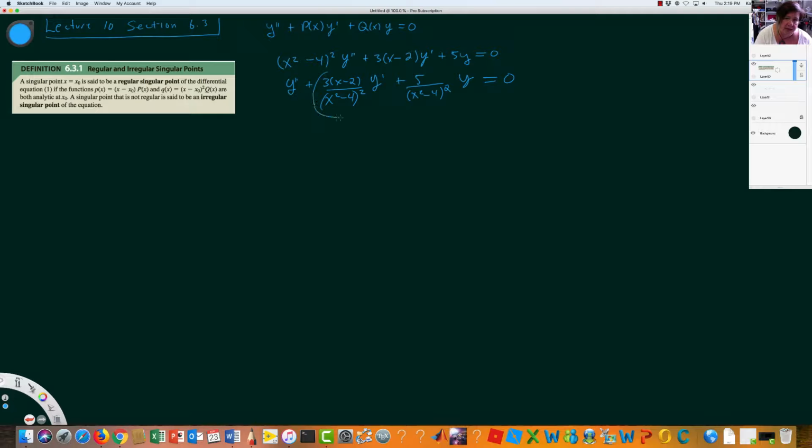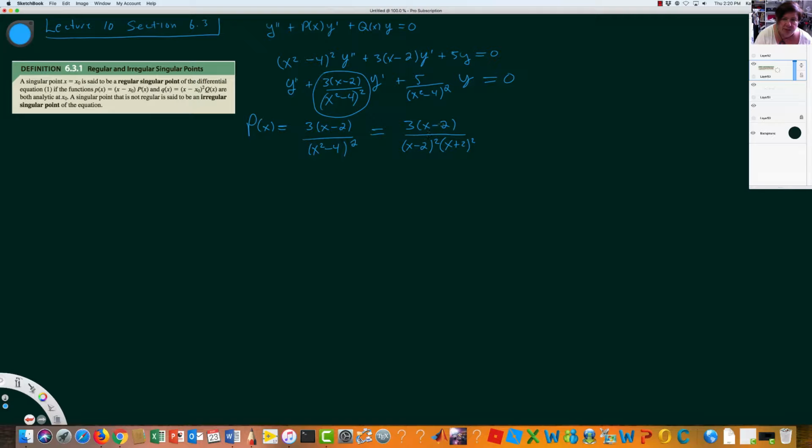So that's in our standard form, and this is our p of x. Let's write that down. We have 3x minus 2 over x squared minus 4 squared. Now, x squared minus 4 can be written as x plus 2 times x minus 2, so we'll write that out. We have 3x minus 2 over (x minus 2) squared times (x plus 2) squared.